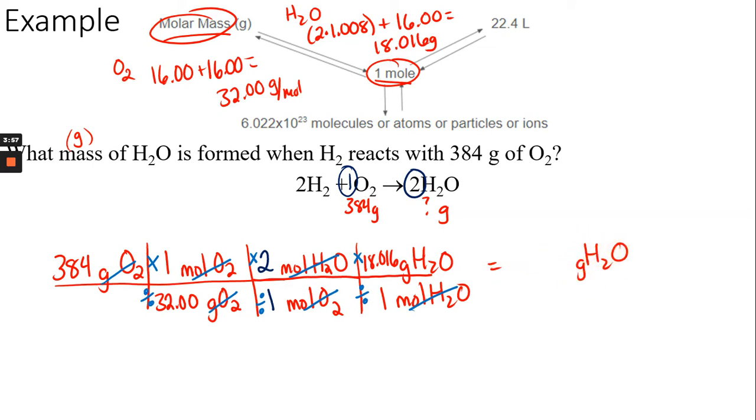So we take our calculator, 384 times 1 divided by 32 times 2 divided by 1 times 18.016 divided by 1. We want 3 significant figures because that's the amount of our given. And so we would have 432 grams of water.